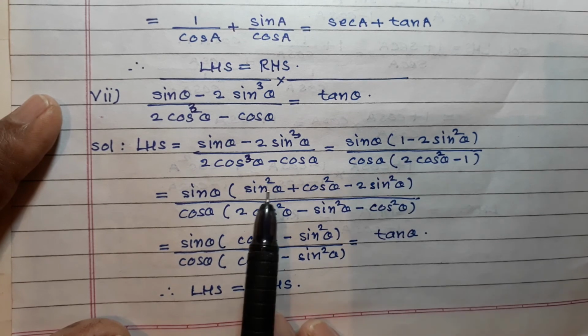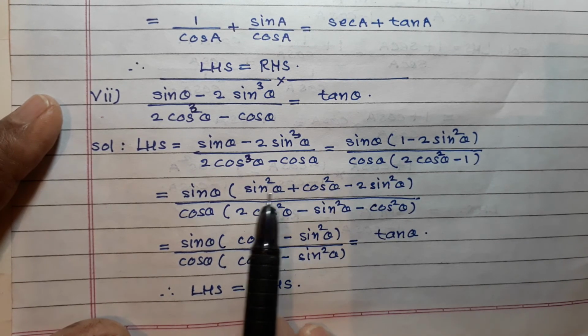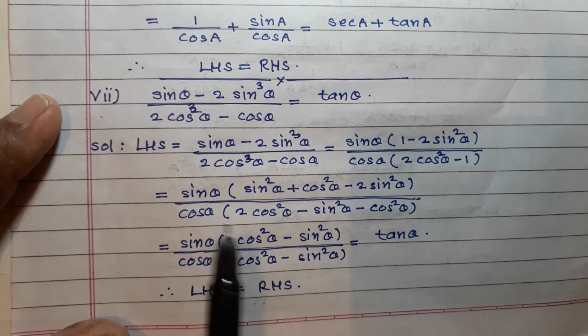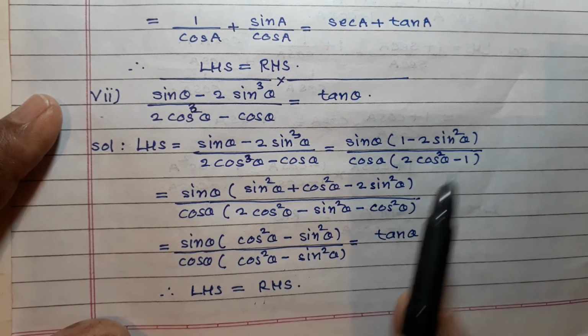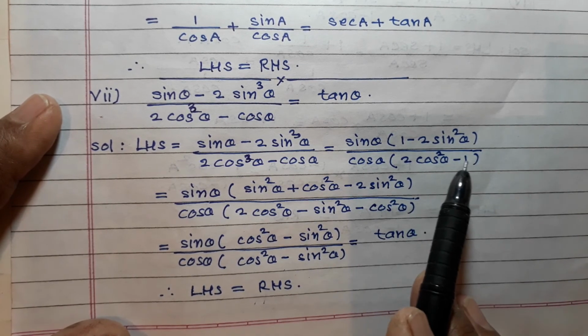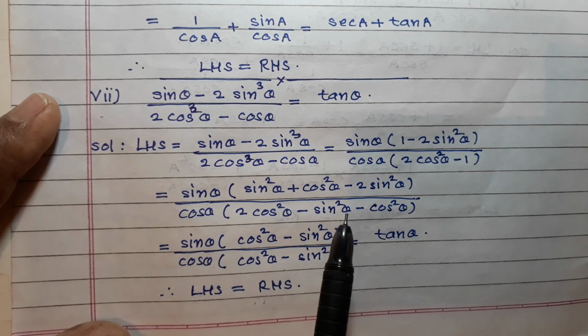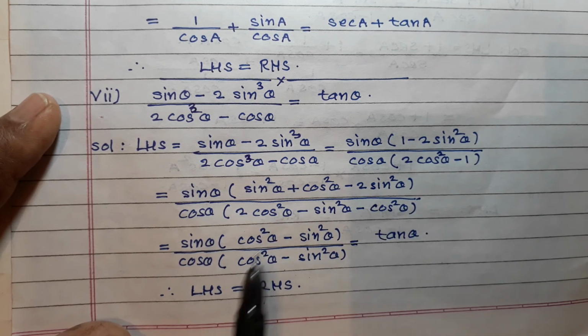For this one you substitute sin square theta plus cos square theta. So sin theta into bracket (sin square theta plus cos square theta minus 2 sin square theta) upon cos theta into bracket. For this one you substitute this, but remember the negative sign is here. So 2 cos square theta minus sin square theta minus cos square theta, and then you simplify this.